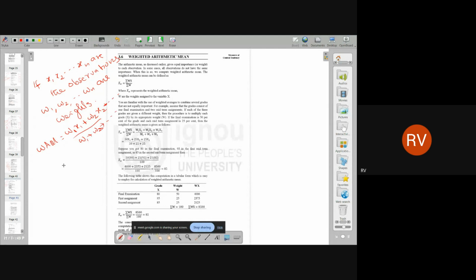This is the formula for finding the weighted arithmetic mean: W1 x1 plus W2 x2 plus W3 x3 divided by W1 plus W2 plus W3.